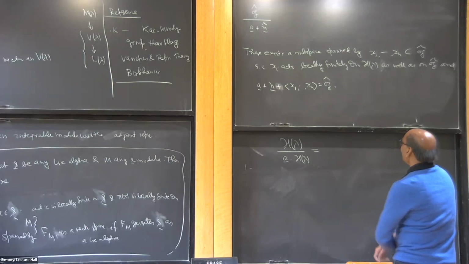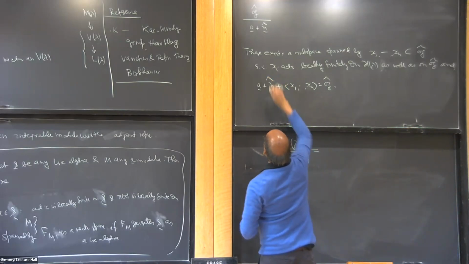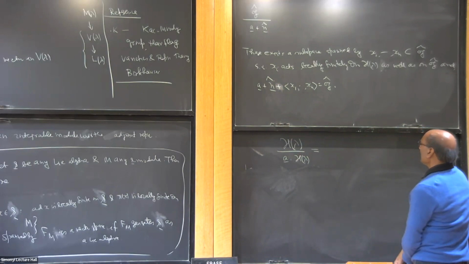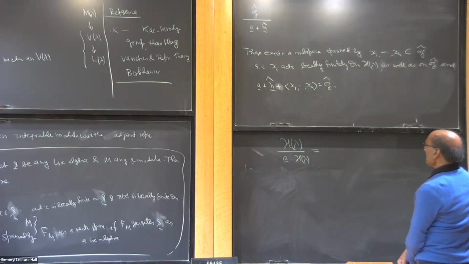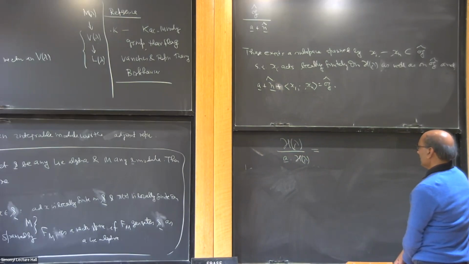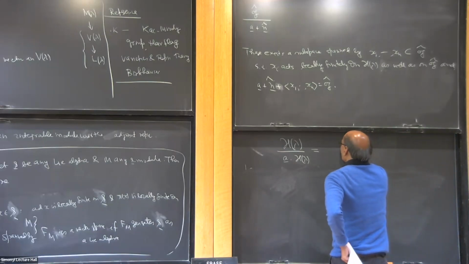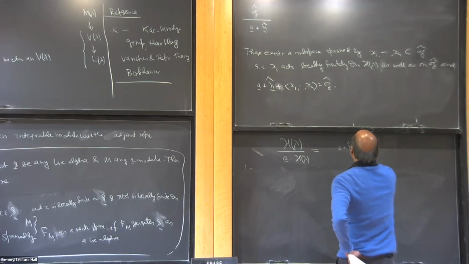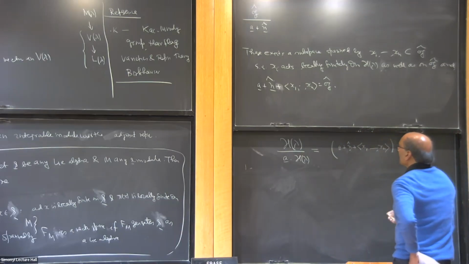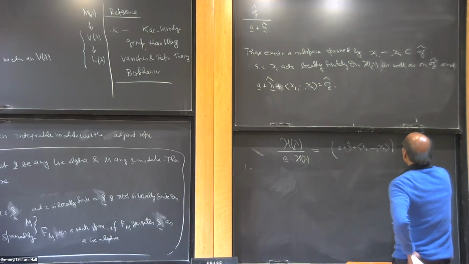Actually, I want to say that h lambda by n hat, h lambda, is a plus n hat plus x1, ..., xn operators acting on the highest weight vector here.